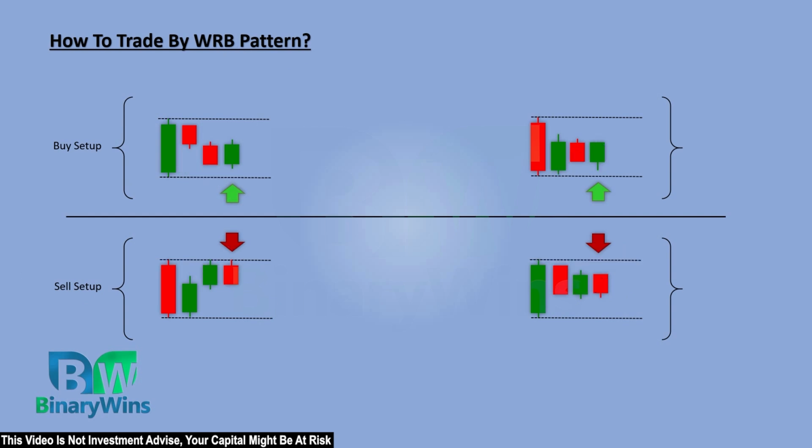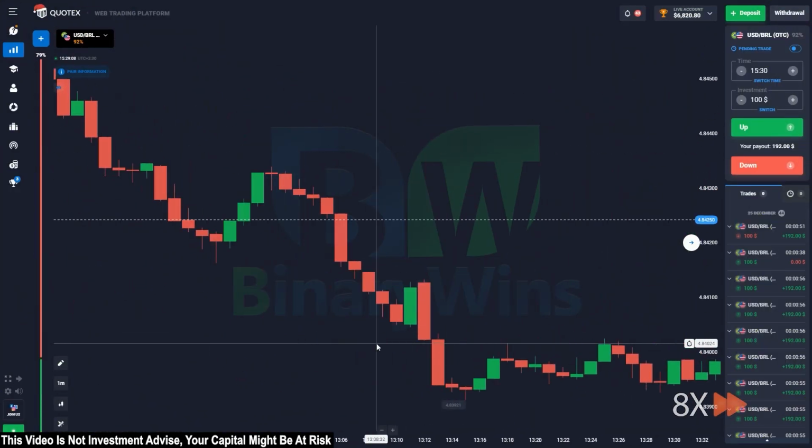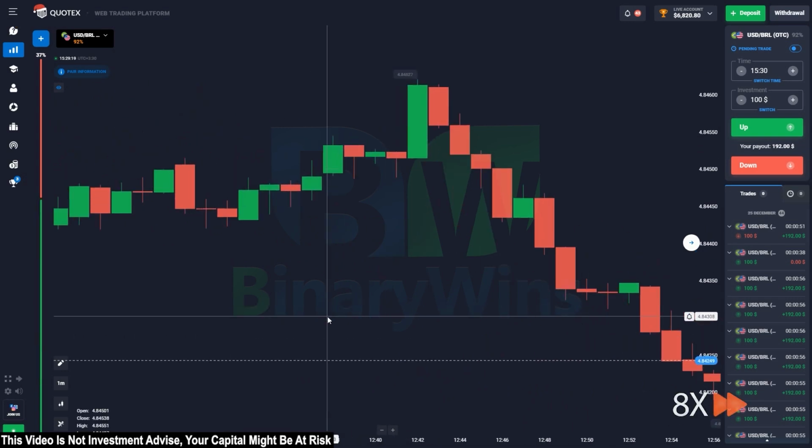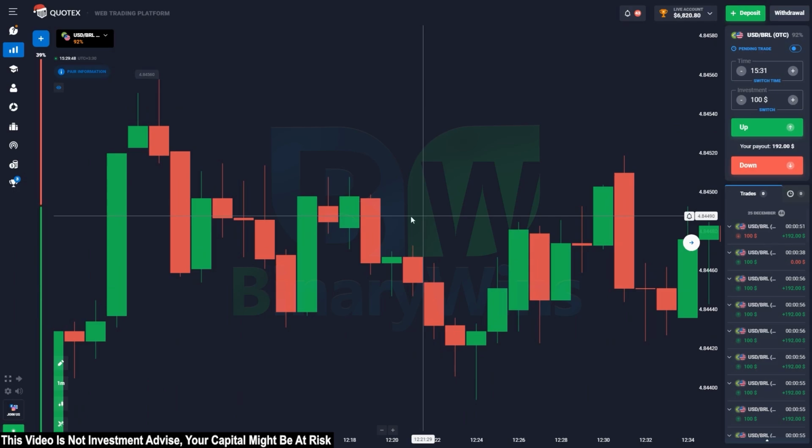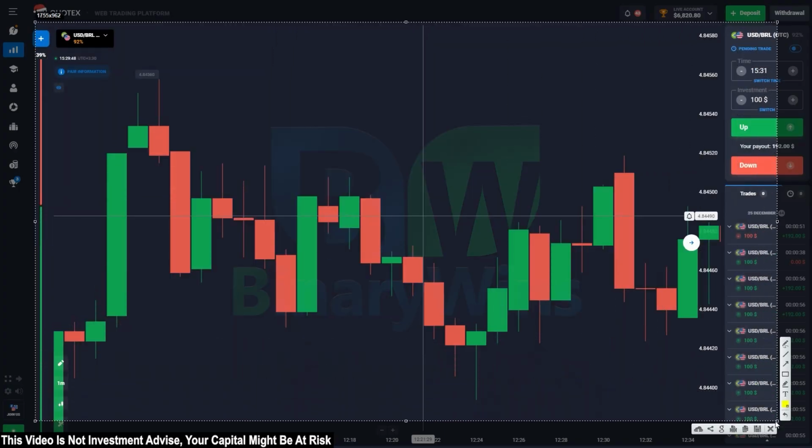Remember the tips I told you about this pattern and write them down. Let's go to the chart to try to find its examples. Look here. A big candle, a wide range candle, a wide range bar, which I draw support and resistance.